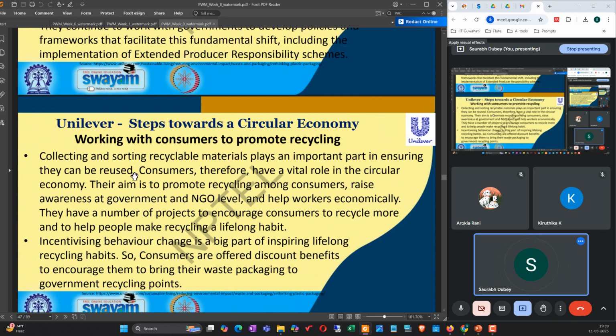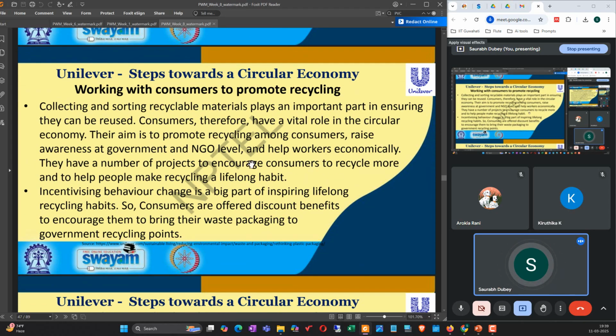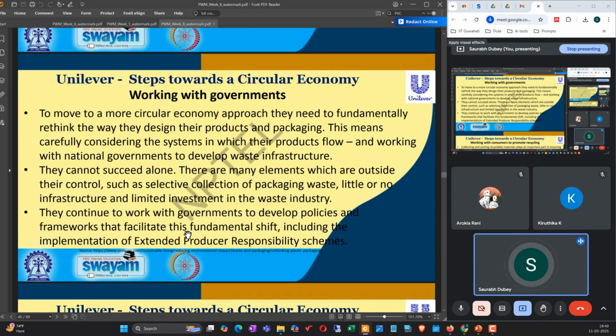Collection and sorting of recyclable material plays an important part in ensuring it can be reused. So mostly NGOs, they are promoting the NGOs also. Incentivizing behavior change is a big part of inspiring lifelong recycling habits. So consumers are offered discounts, a kind of benefit to encourage them to bring their waste packaging to the recycling points that they are having, right?